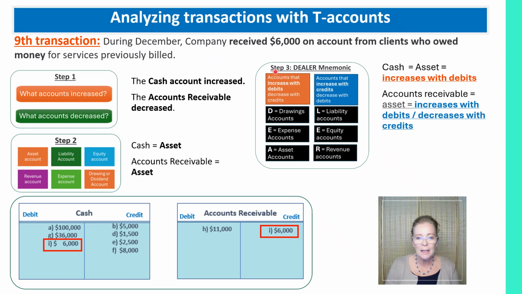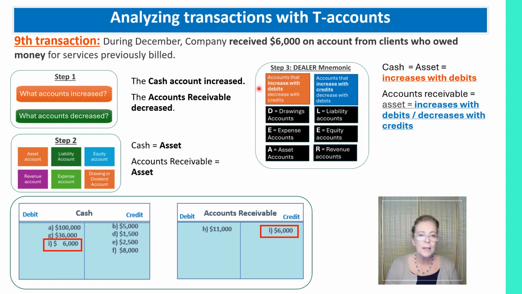Now in step 3, let's use the dealer mnemonic. We'll find assets. The graph tells us that assets are on the left side and that assets increase with debits. The business's cash increased, so that means we need to debit cash. What about the second part? Remember that every transaction has 2 parts and at least 1 debit and 1 credit.